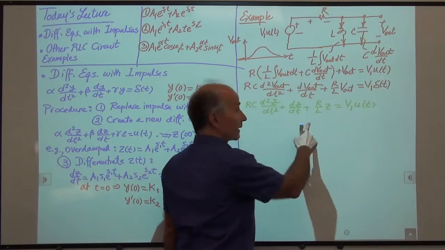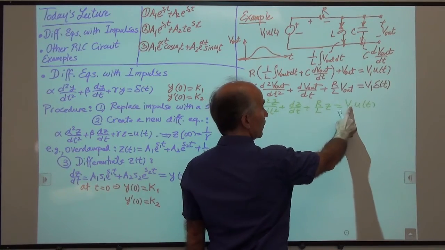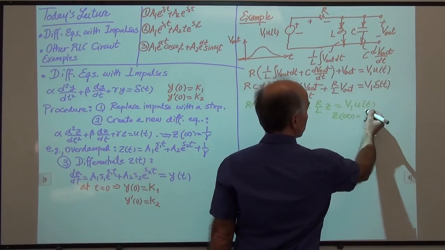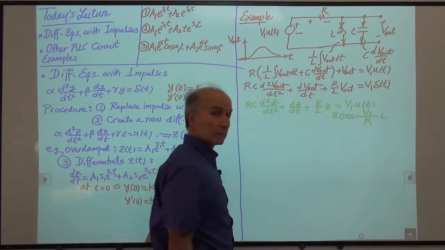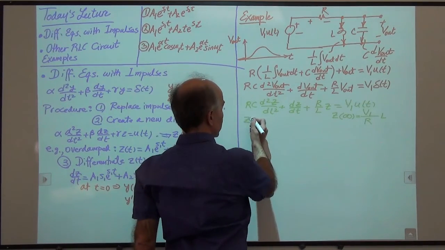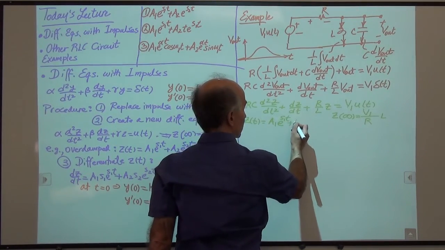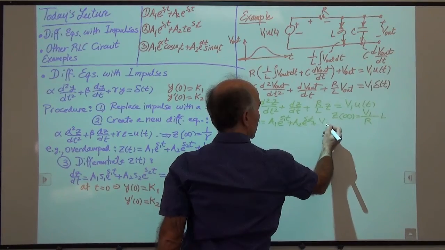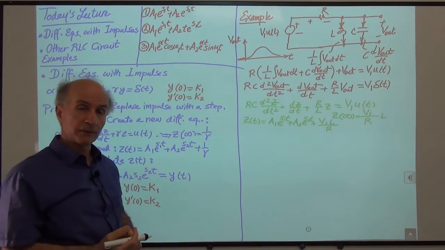So at time infinity, these go to 0, and Z at time infinity is equal to V1 times L over R. For example, if you are dealing with an overdamped response, Z of t is equal to A1 e to the S1t plus A2 e to the S2t plus the value at infinity, V1 L over R. So that's Z of t.